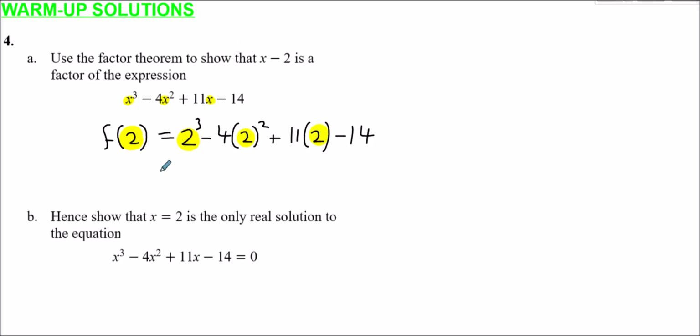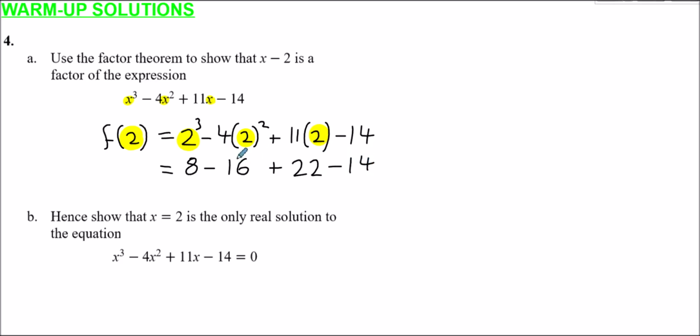So 2 cubed is 8, 2 times 2 times 2. 2 squared is 4, so 4 times 4 is 16, so we're subtracting 16. 11 times 2 is 22, then minus 14.